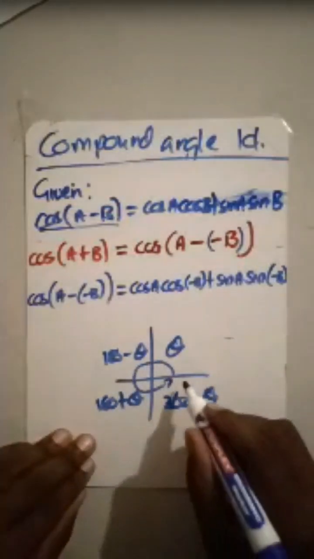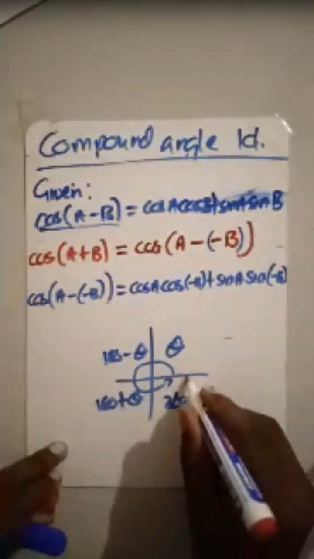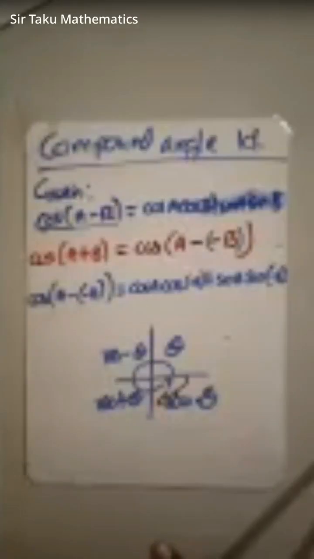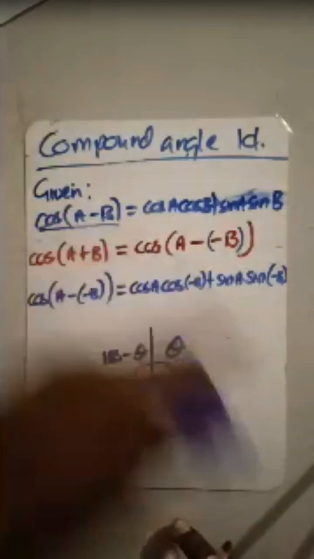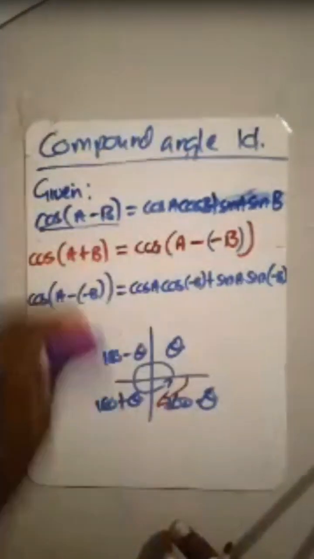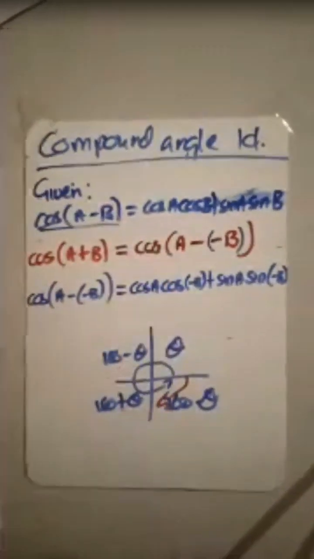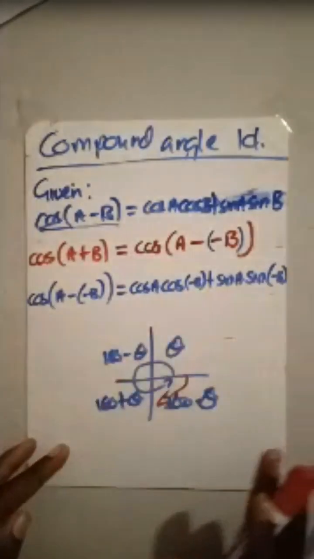So once you start measuring in the clockwise direction, you start getting negative angles. If we measure going clockwise, we get a negative angle. If we measure going anti-clockwise, it's a positive angle. So we don't want to deal with negative angles. So any negative angle, add 360 for reduction.